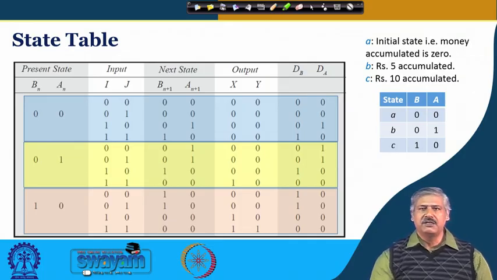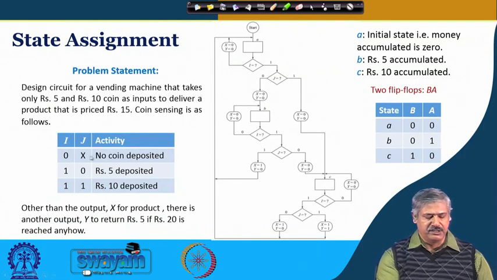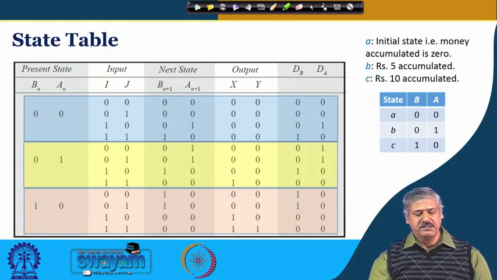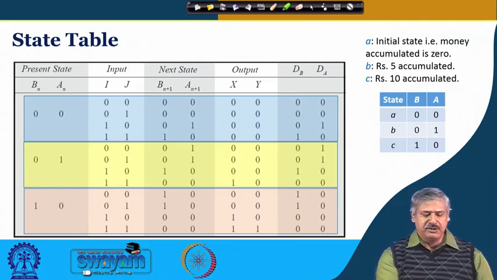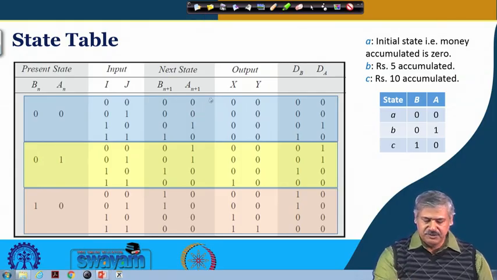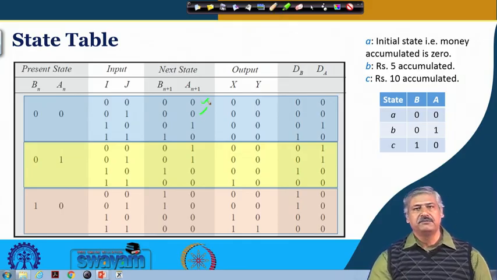Of course when I is equal to 0, J doesn't matter because no coin has been deposited; that is the 0 cross we had defined over here. For each of these cases, what is the next state? For I equal to 0, the next state is state A only, that is 0 0. So that is what you see over here as 0 0 and 0 0. Is it fine?